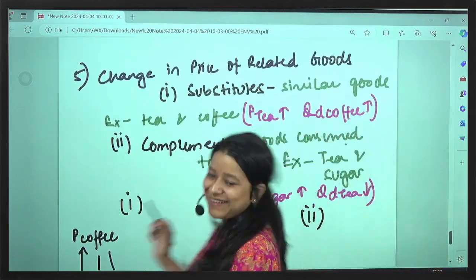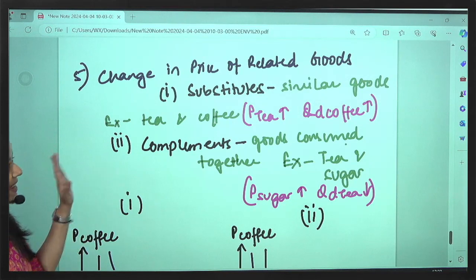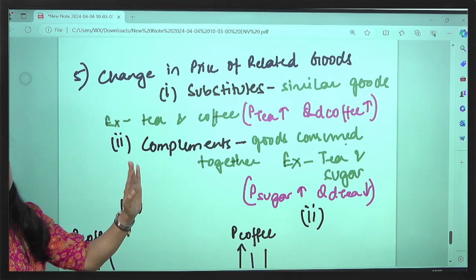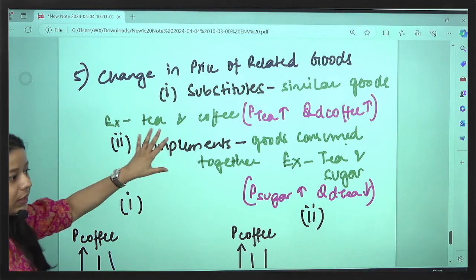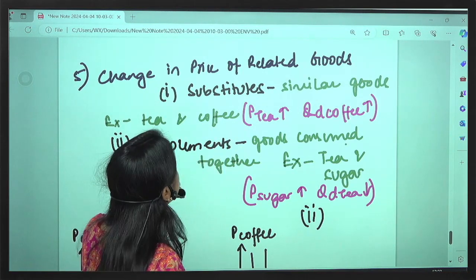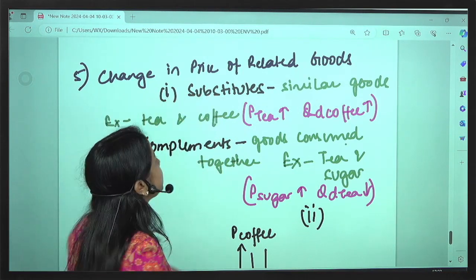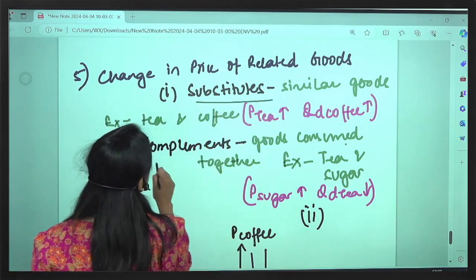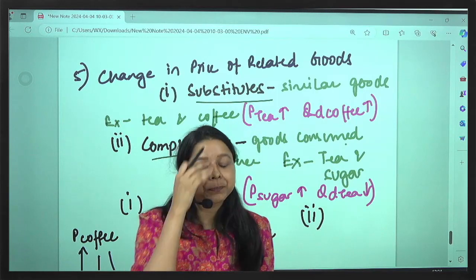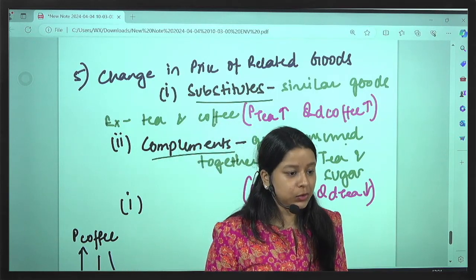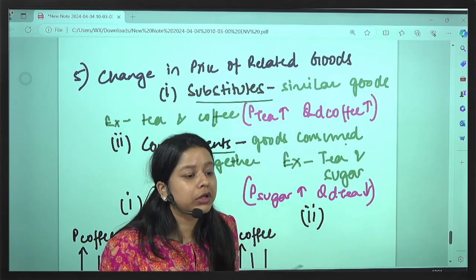चलो next. Change in price of related goods. This we'll talk about in detail because this is again very important from an MCQ point of view. There are two kinds of goods that we'll be talking about: one is substitute and one is complement. When we're talking about substitutes, what do you mean by substitutes? Goods which are similar in nature.